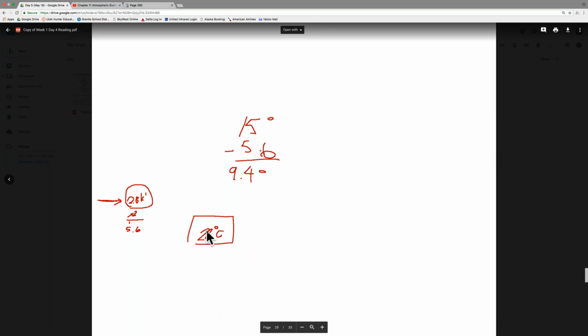So for sanity's sake, we're just going to round this. We'll round it up. So when I say in aviation, when I say round it up, we're going to penalize it.